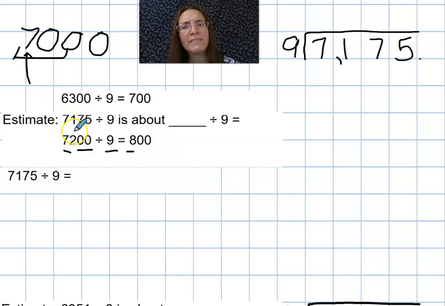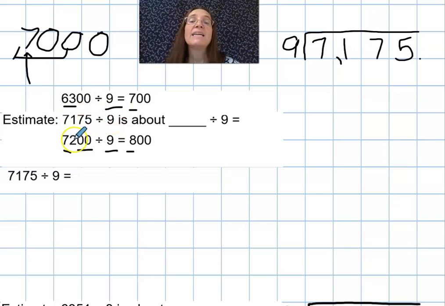I also could round down. 7,200 is higher than 7,175. What would the next fact down be? Well, that would be 9 times 7, which equals 63. And that means that 6,300 divided by 9 will equal 700. Now I need to make a decision. Which estimate would be best?